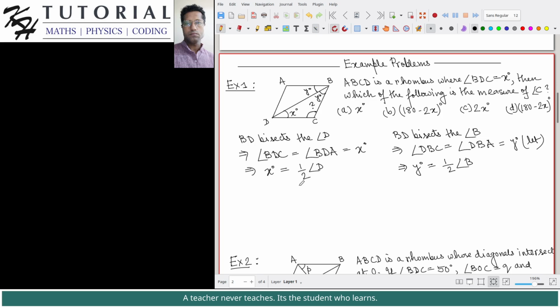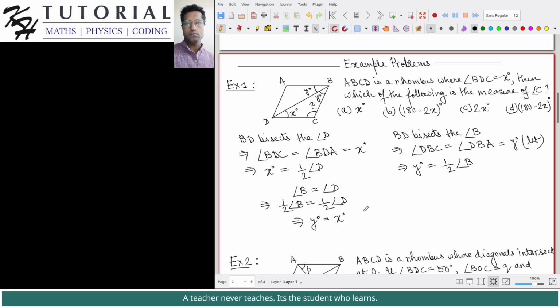Now we also know that angle B and angle D are a pair of opposite angles in the rhombus, and they are equal. Since a rhombus is a parallelogram, the opposite pair of angles should be equal. So angle B is equal to angle D. So this will imply obviously that half of angle B is equal to half of angle D. Half of angle B is y degrees, and half of angle D is x degrees.